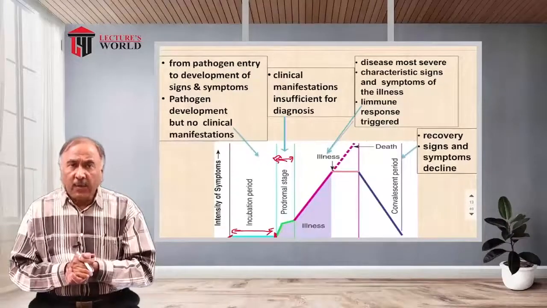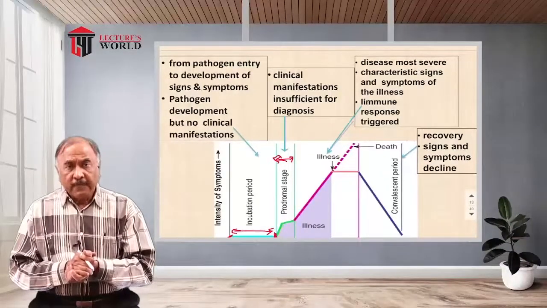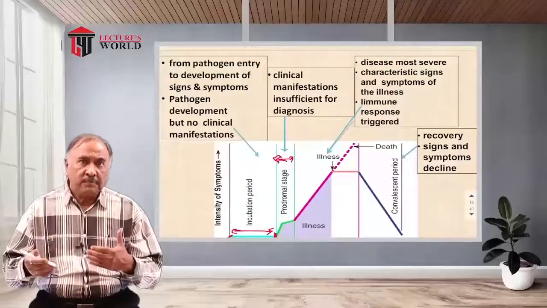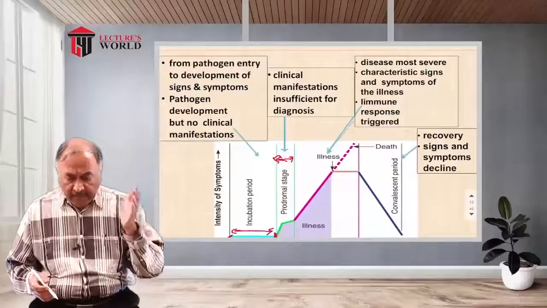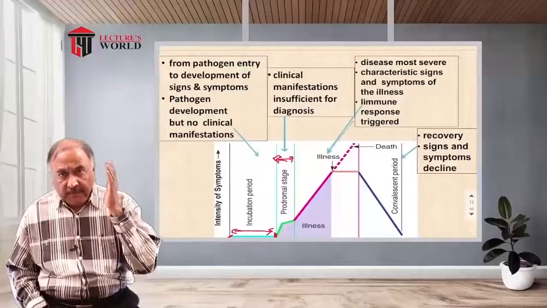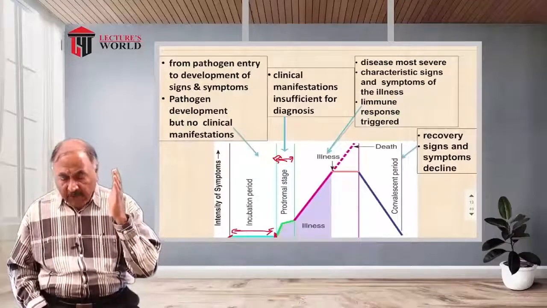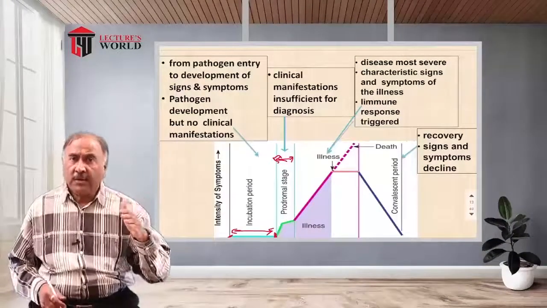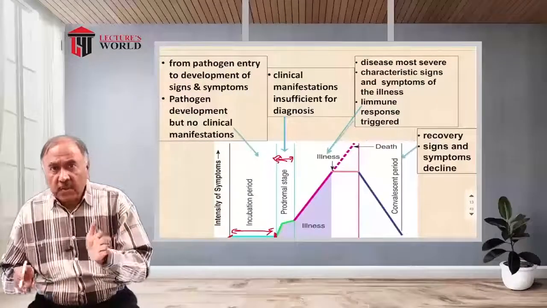So this is how there is a progression of a disease. The disease progresses from the first stage, that is incubation period, prodromal stage, then a period of illness, and finally the convalescent phase where the host would start slow recovery.